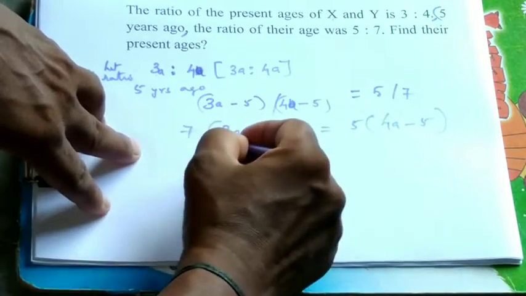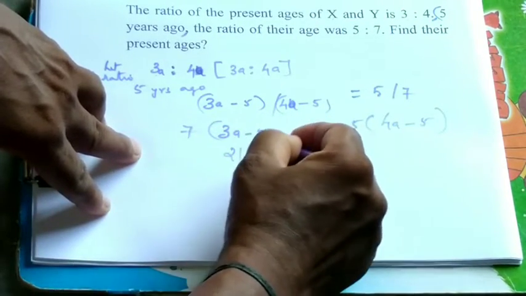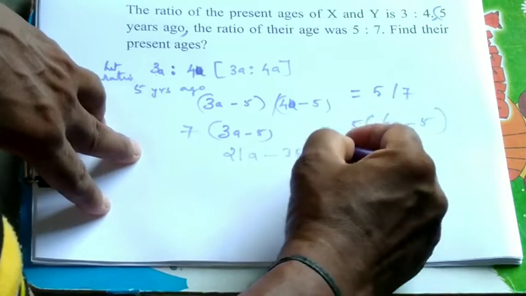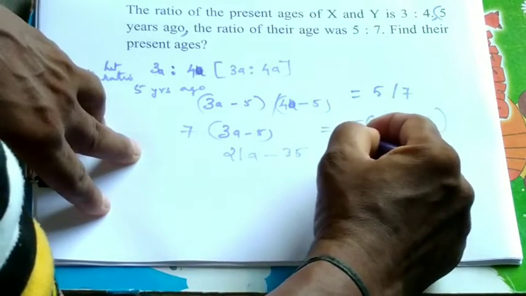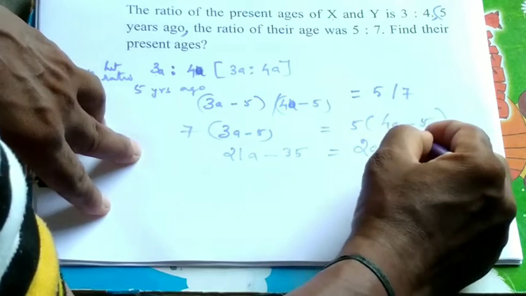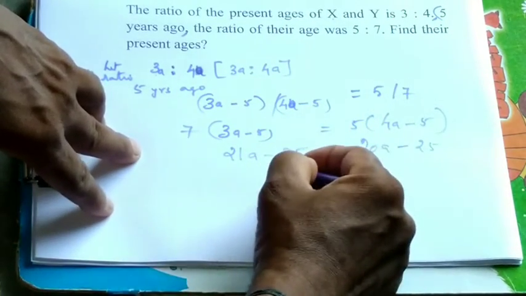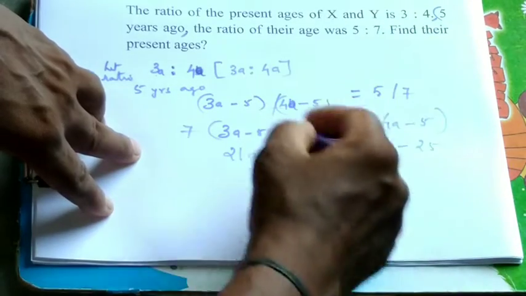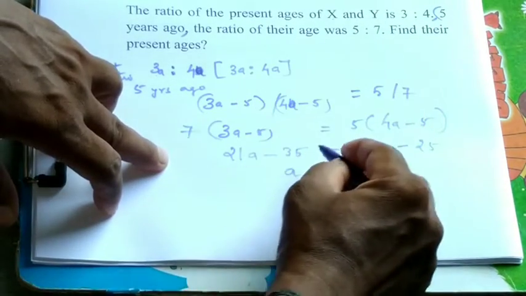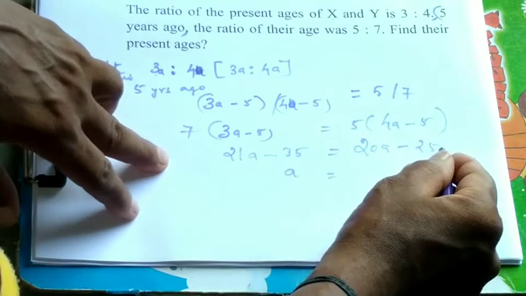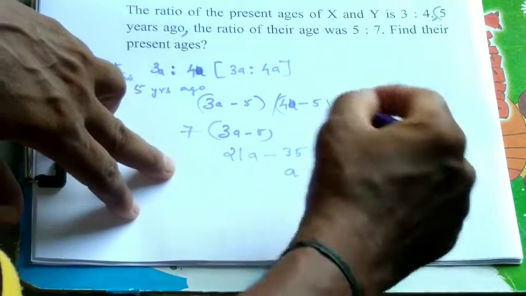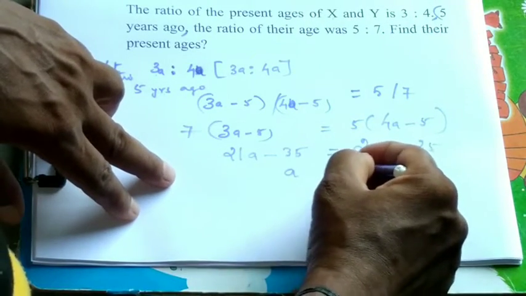You cross multiply this: 21a minus 35, then 20a minus 25. Simplifying it becomes a. Then 35 goes that side, becomes plus 35, then a equals 10.